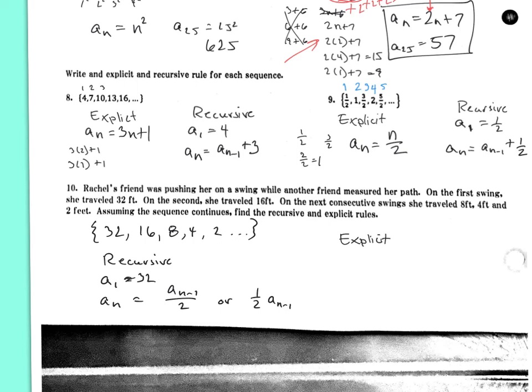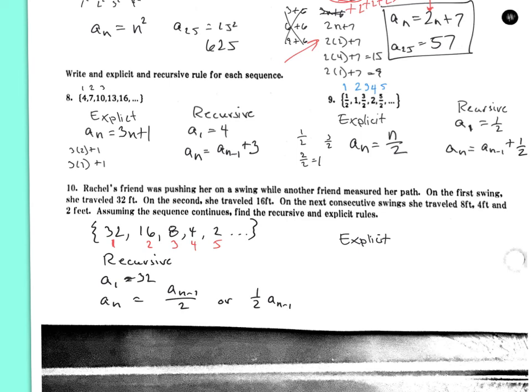Explicit. It's a little harder. This is 1, 2, 3, 4, 5. Our term numbers are going up and our answers are going down. Well, we use the 1/2 in the recursive. This is no joke right here. So we got to use one. Probably have to use the 1/2 in the explicit.